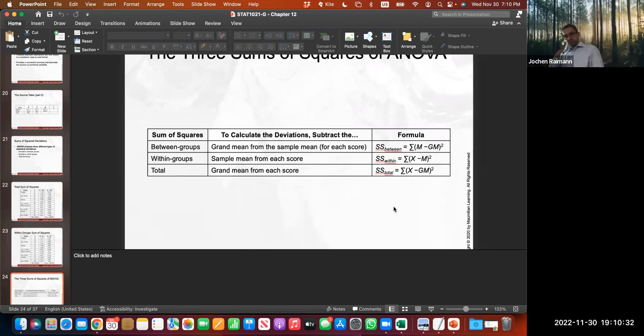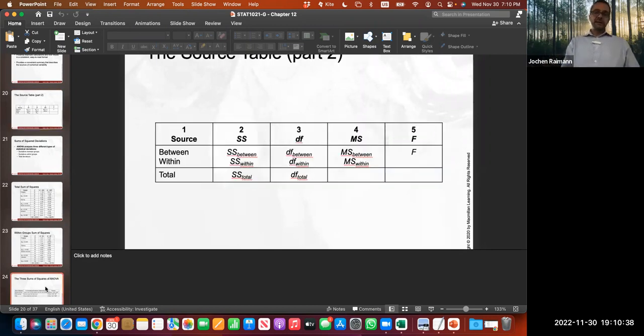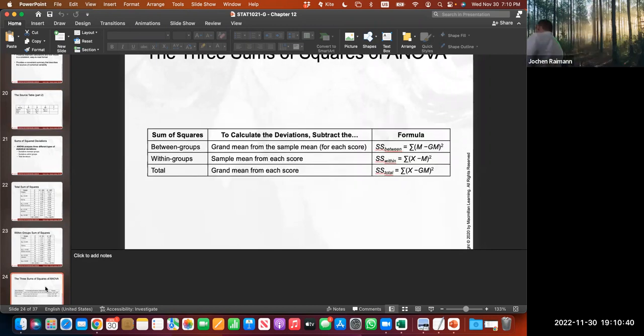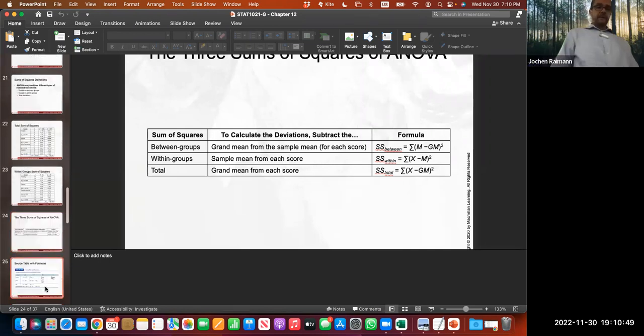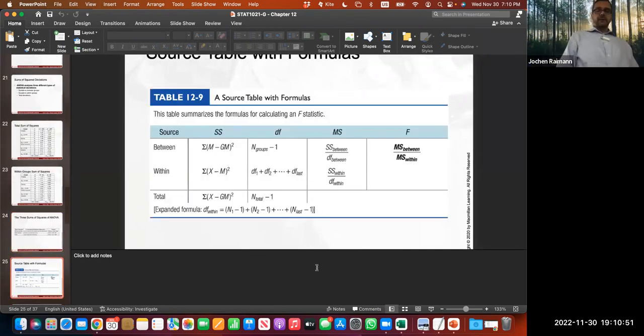So two slides I really want to flag. This is slide 20, that's the ANOVA source table, and slide 24, which basically shows you each of these respective calculations. Here you have a more detailed explanation of what these components are, but they're consistent with what we've just seen.